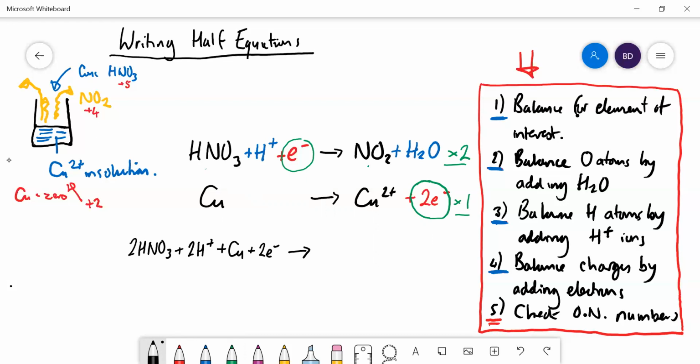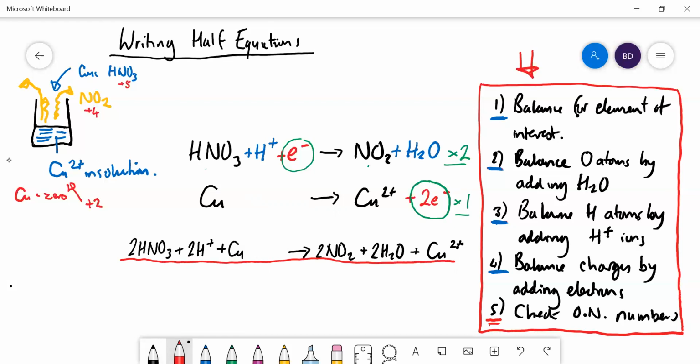And then on the product side, we've got 2NO2, 2H2O, just one Cu2+, sorry, and 2 electrons. Right, obviously get rid of the electrons, that's the whole point. So it's a full equation now, electrons don't appear in it. This is our full equation, okay?